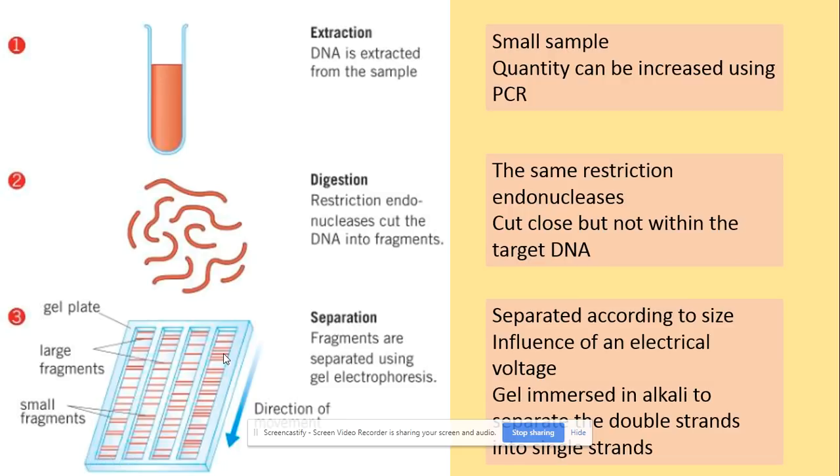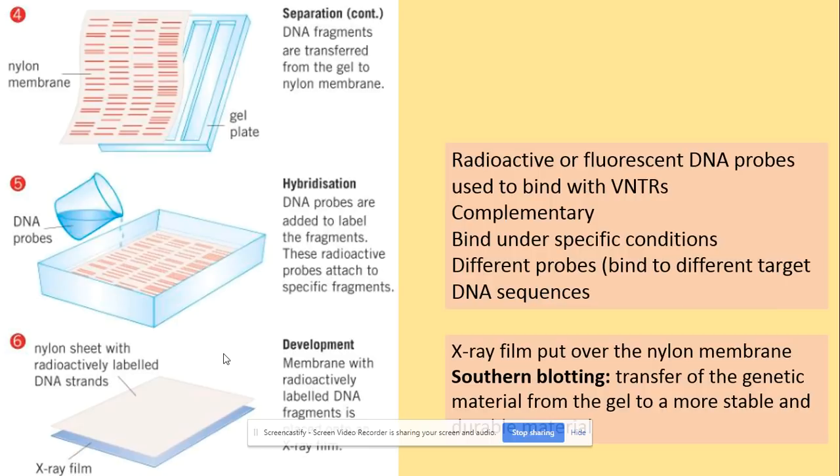This could also be separated by the charge, and the double strand will be separated into single strands due to the alkali applied to the gel electrophoresis. So separation is taking place. Those DNA fragments will then be transferred from the gel to a nylon membrane. Why are we doing so? Of course, we need this reading to be accurate and clear, not on the gel.